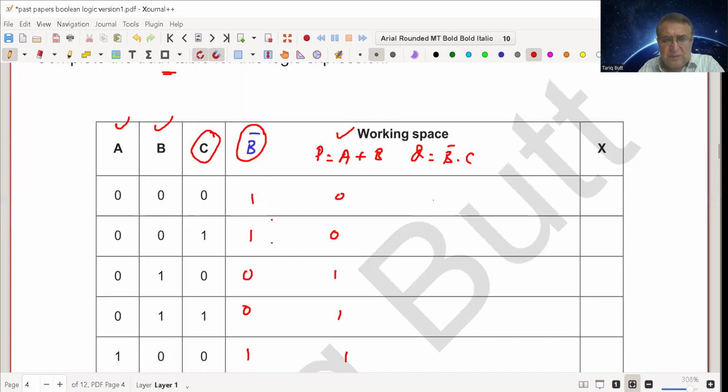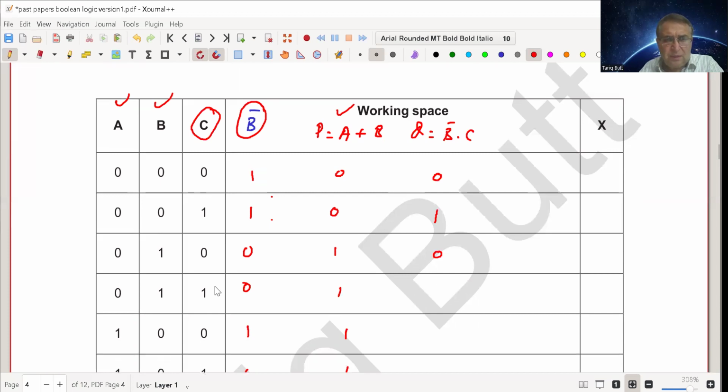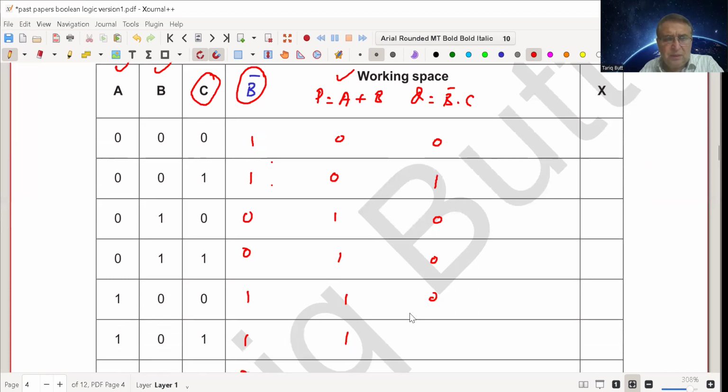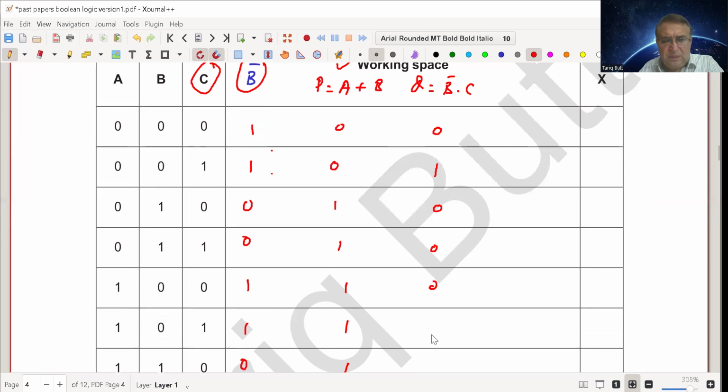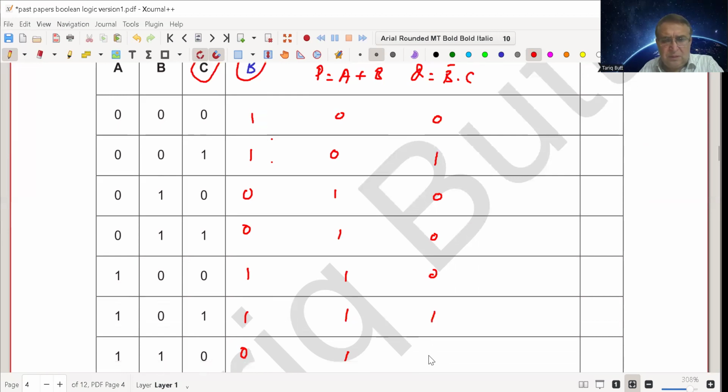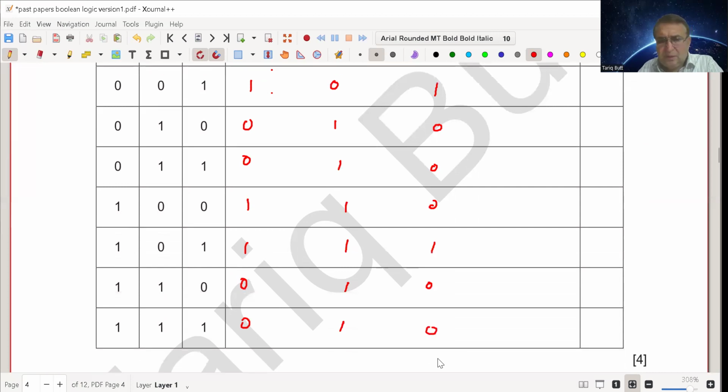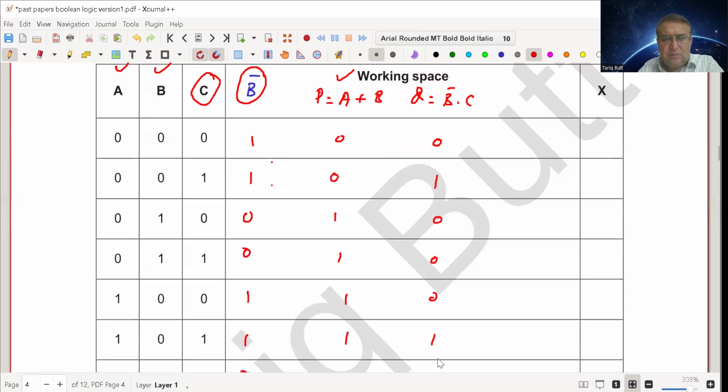So 0 into 1 is 0, 1 into 1 is 1, and 0, 1 into 0 is 0, 0 into 1 is 0, 1 into 1 is 1, 0 into 0 is 0, 1 into 0 is 0. So output is 1 where both of its inputs are 1.